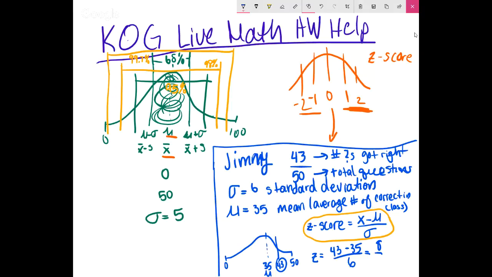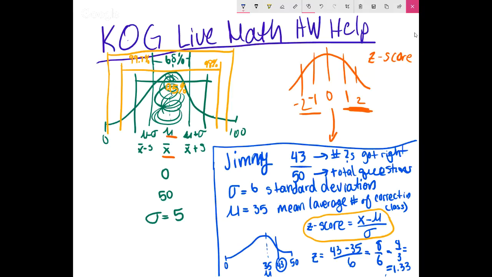So 8 over 6. We can reduce that fraction to 4 thirds. I forgot what 4 thirds is as a decimal. 1.333. So that's the answer.